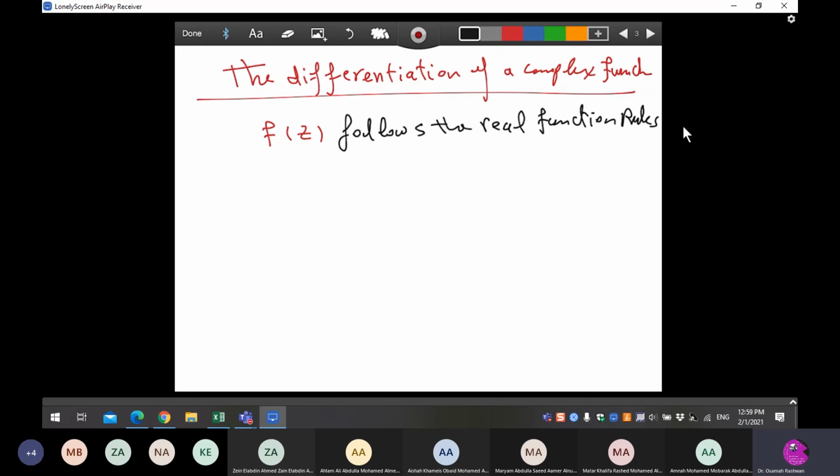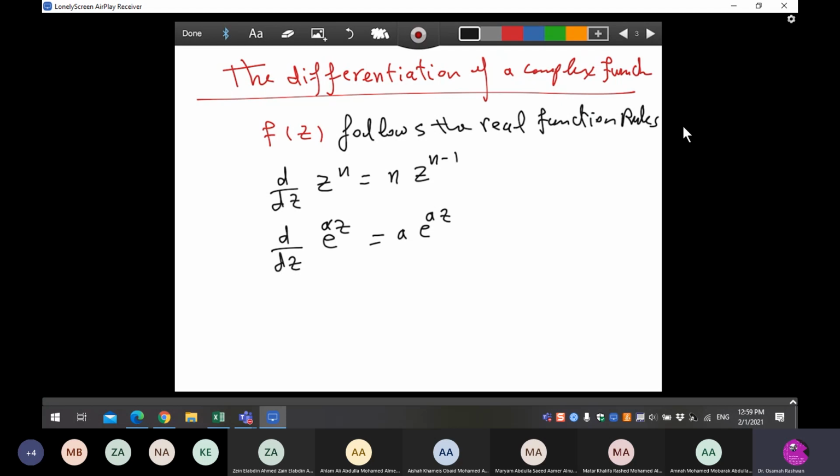It means if I would like to have d by dz for z to the power n, it will be n z to the n minus 1. If I would like to have d by dz for e to the az, it will be a e to the az, right?